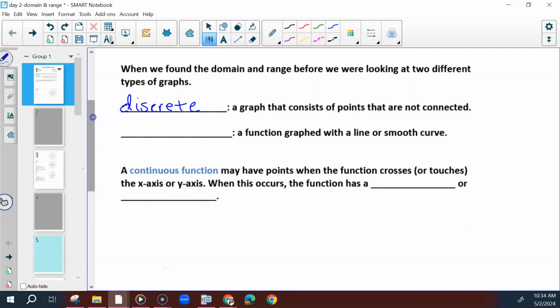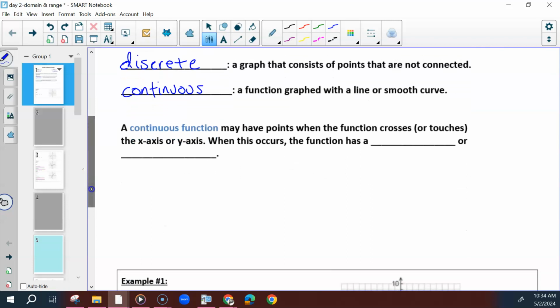Okay, and then if we have functions with lines or continuous curves, those are continuous. So all of your lines, all of your quadratic functions, all of your exponential functions, those are all continuous functions. This next part is just review so that you can put all of this together. They have points that cross or touch the x or y-axis, so they may have a y-intercept or an x-intercept.